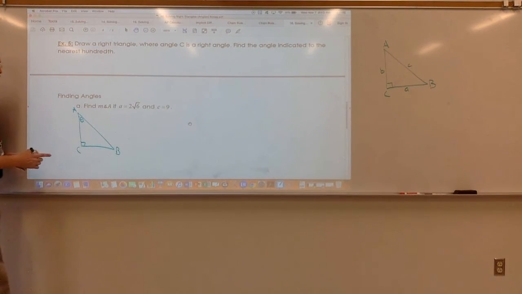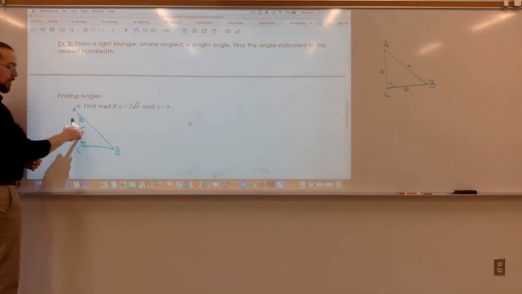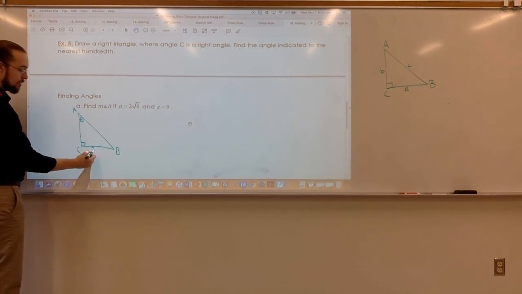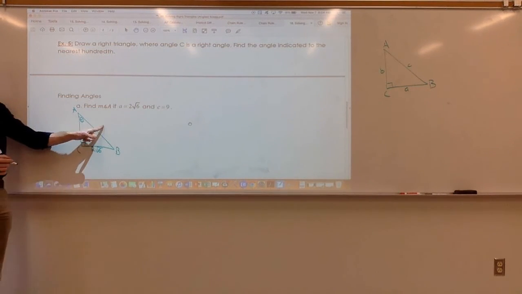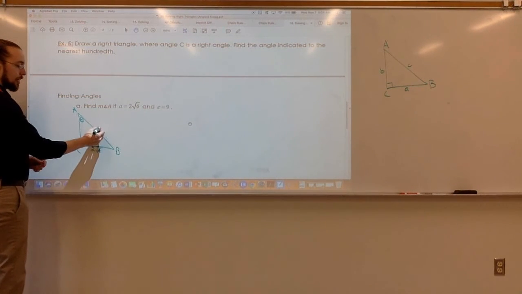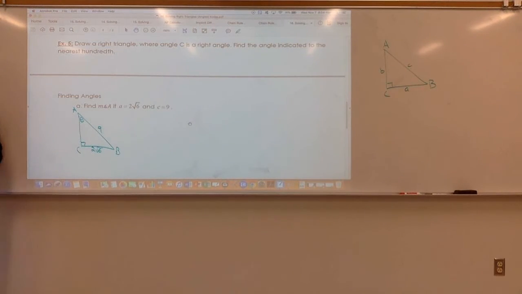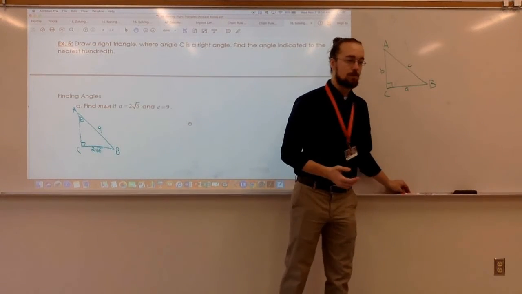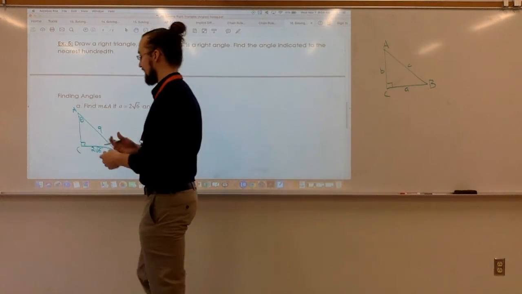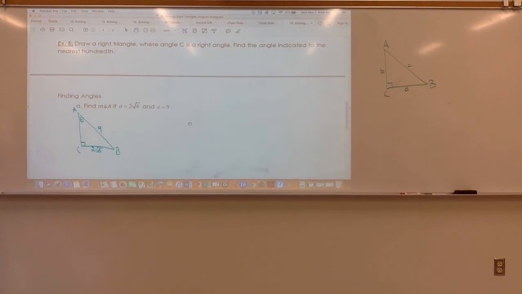Then it tells me that side a, which is opposite angle A, is 2 times the square root of 6, and side c, which would be the side opposite angle C, is 9. So now, I'm just going to solve exactly like we've been doing. I want to label the sides of my triangle.